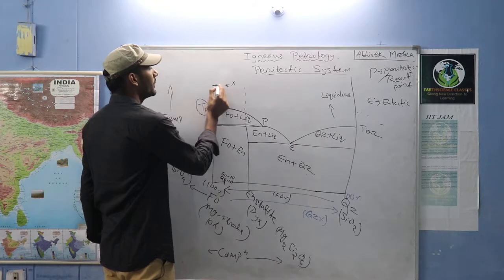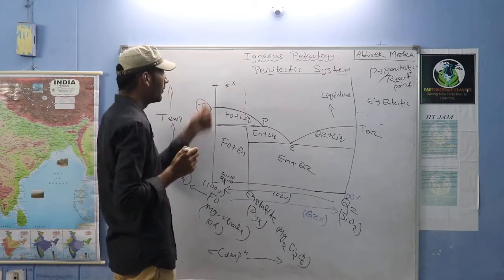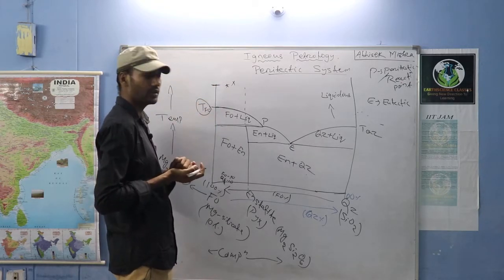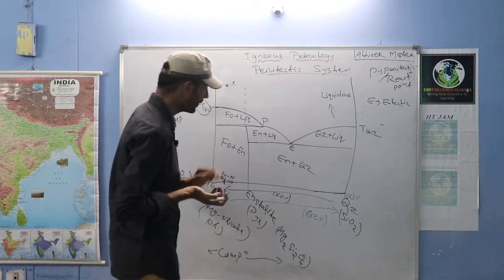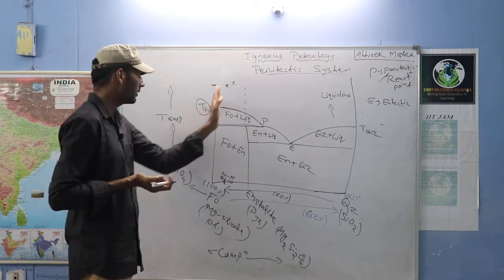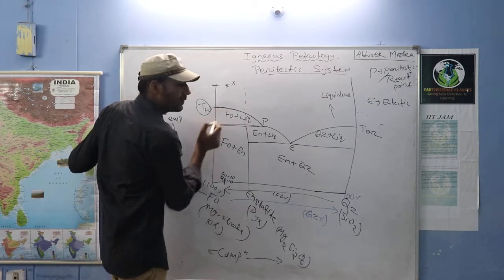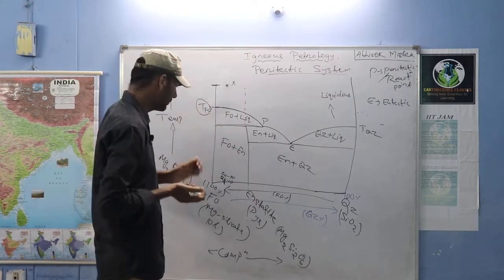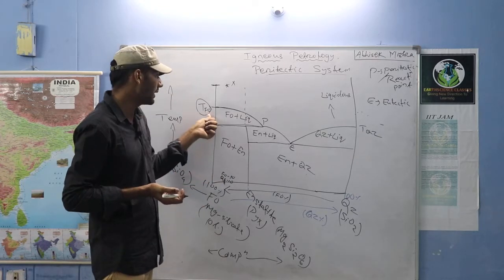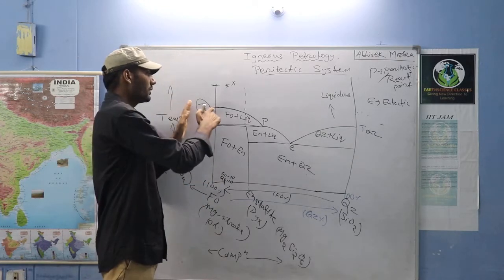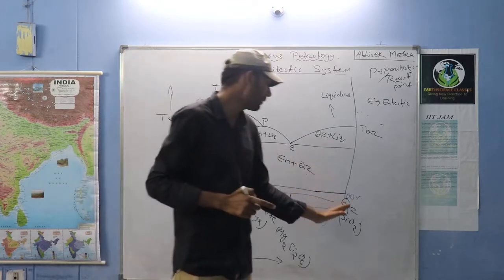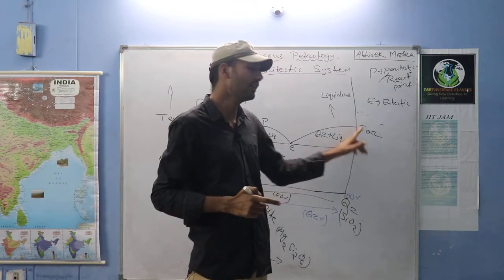It has a temperature of somewhere here, which is lower than TFO, the temperature of crystallization of pure forsterite. At this point the temperature of crystallization will decrease, right? I have told you, if that is 100% forsterite or pure forsterite, the temperature will be this. If that is pure quartz or 100% quartz, the temperature will be this.